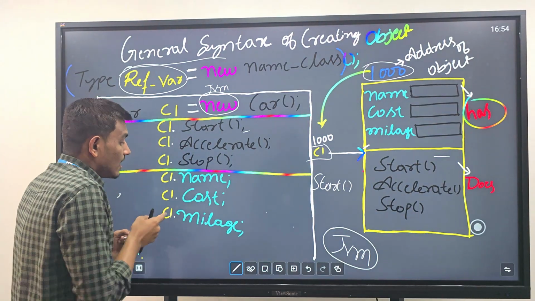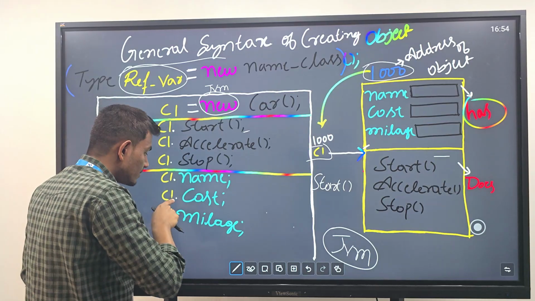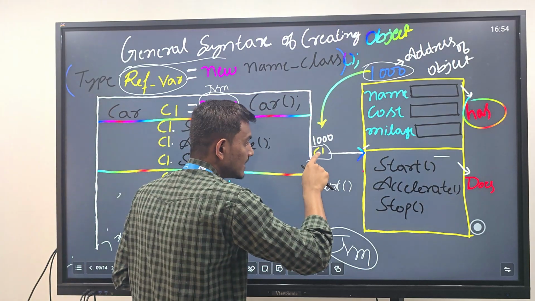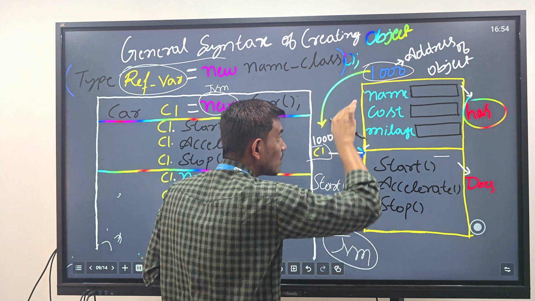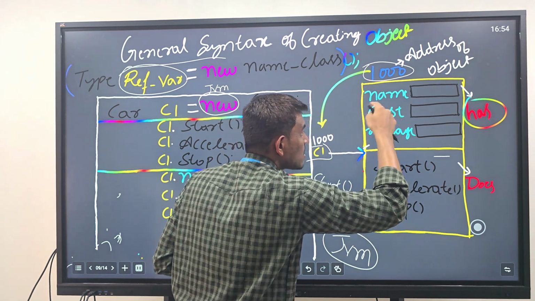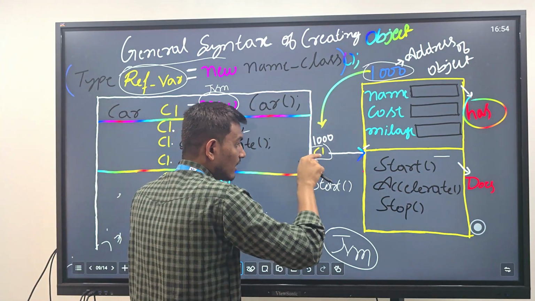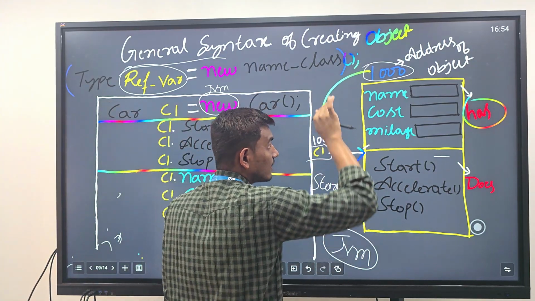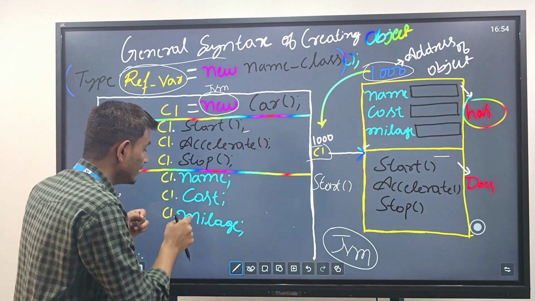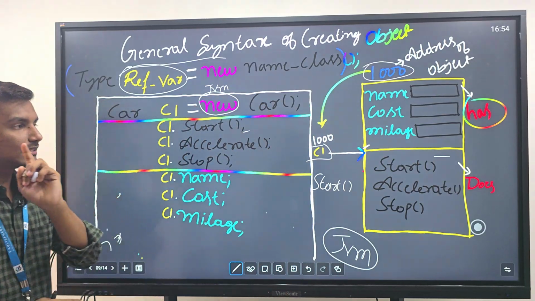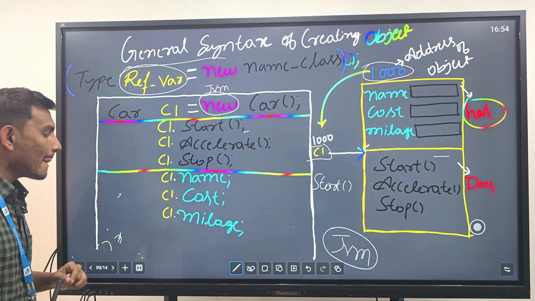Similarly, guys, reference variable dot operator cost. Reference variable dot operator means go inside. I can take the cost. Similarly, guys, C1 dot. Here is C1. If I use the dot operator and go inside, I will take the mileage. One thing, guys, at the last moment, please try to understand.